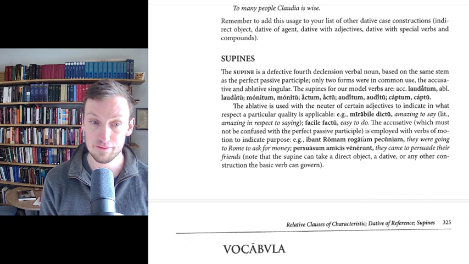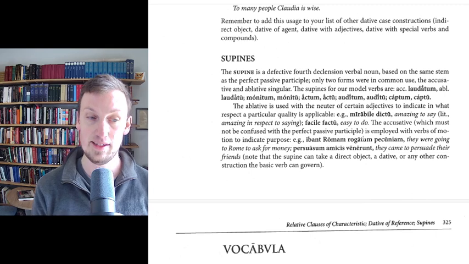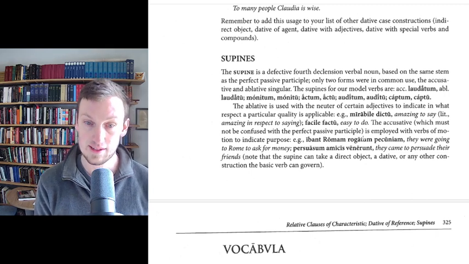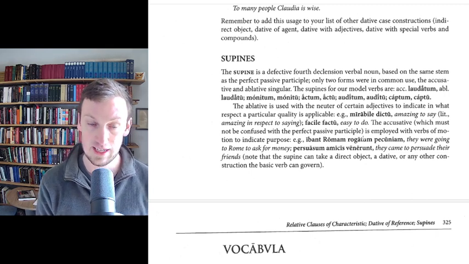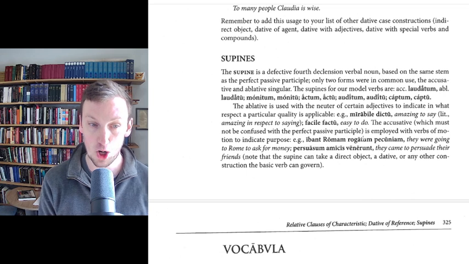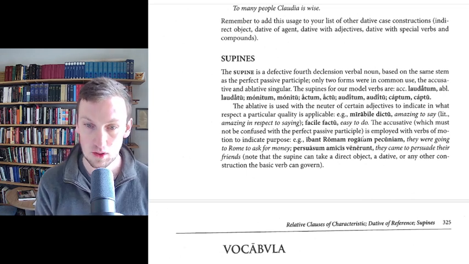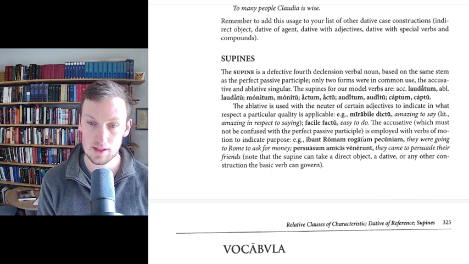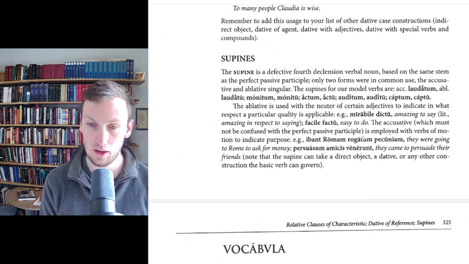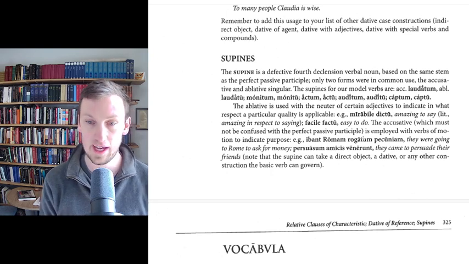It is a defective verbal noun that looks like an accusative neuter perfect passive participle, but it's not. Instead, it's a verbal noun that is just giving you purpose, that is describing the purpose for which that verb of motion was undertaken. Why did they go, ibant? Why did they come, venerunt?